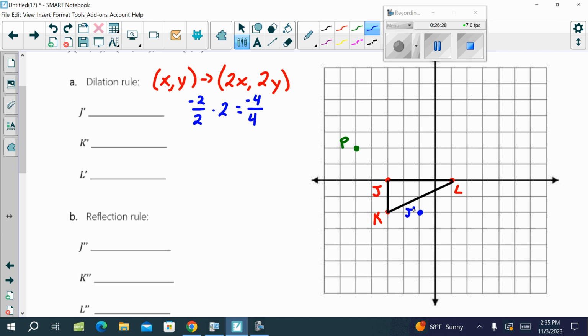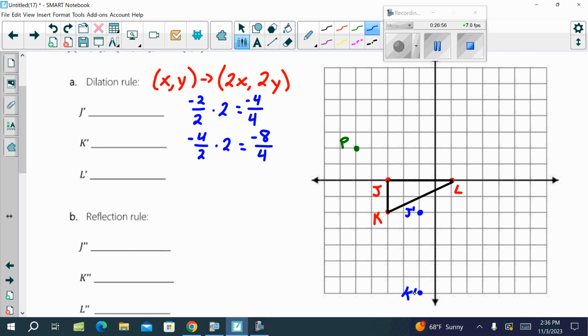All right, K, we go down 4, right how many? 2. So times that by 2, what do we get? Down 8, right 4. So it goes down 8. That's all the way at the bottom. Right 4. So there is K prime.